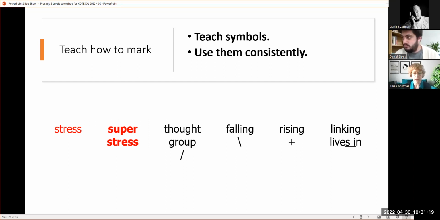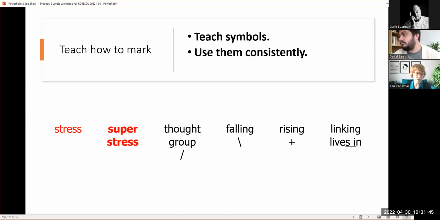And I needed a way that we could mark without using paper. And so I stress, and I'll explain super stress in just a minute. Thought groups are the slash, and falling is the other slash, rising is a plus, and links is an underbar.